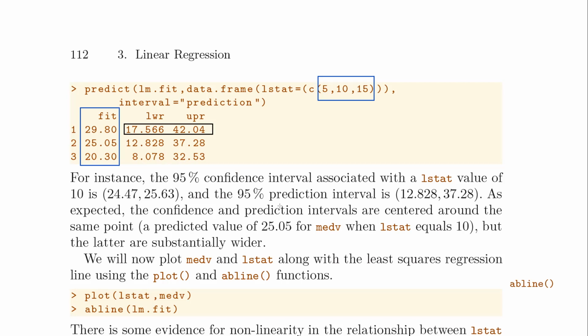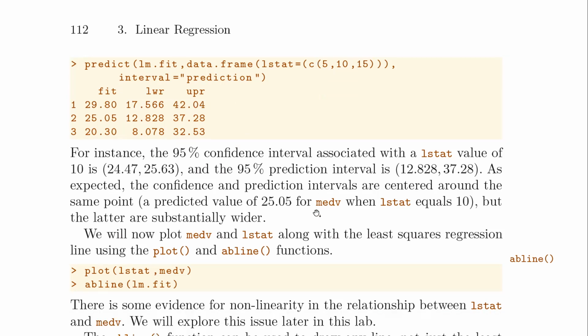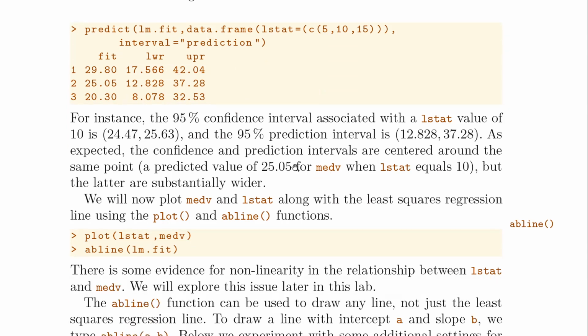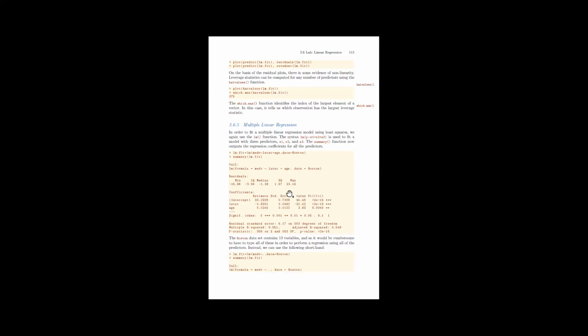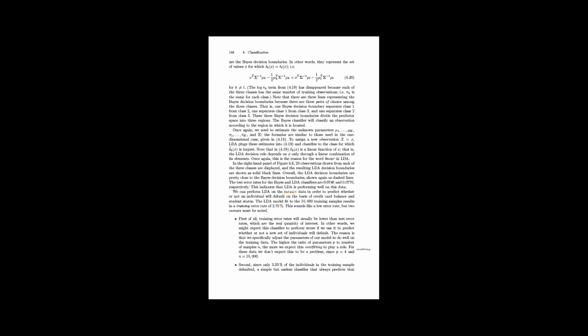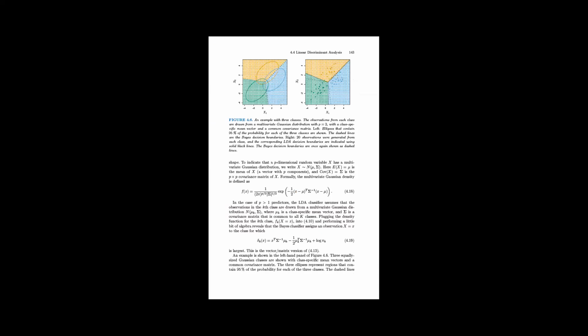So that's why a prediction interval, as opposed to a confidence interval, is a lot wider. And when we say random error, it's a way of zooming out.